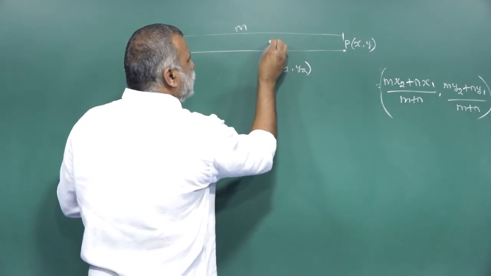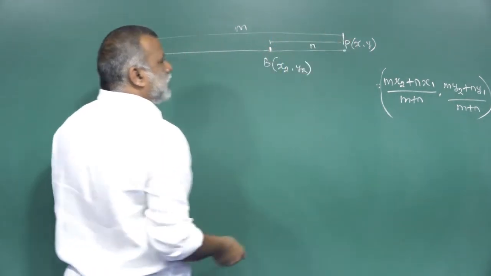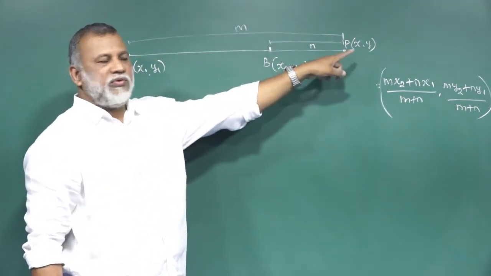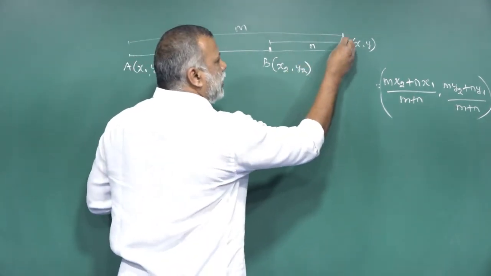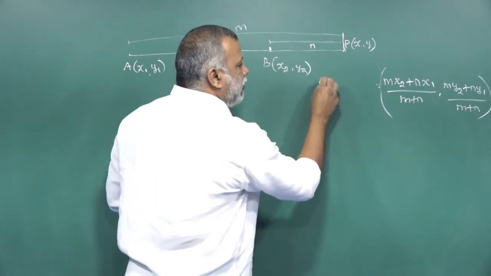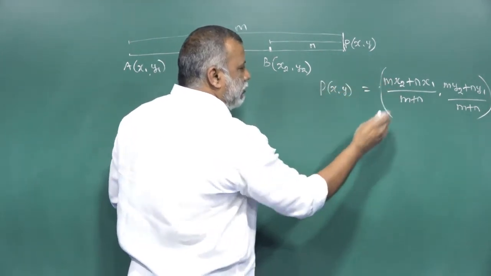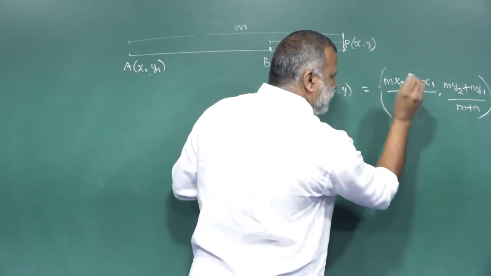Then B to P, that is n. So it divides in the ratio. AP is the value of m, BP value is n here. This is called externally. Now the coordinates of P of x comma y. Just a negative symbol here.